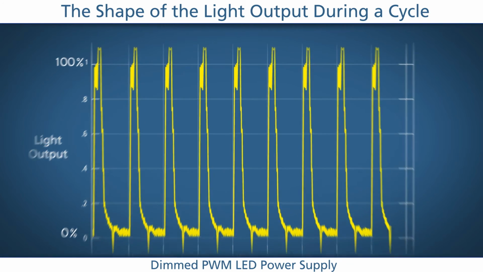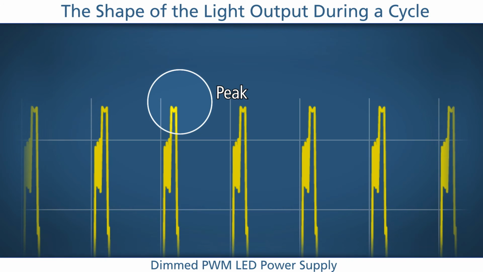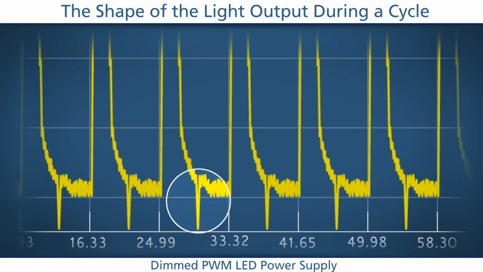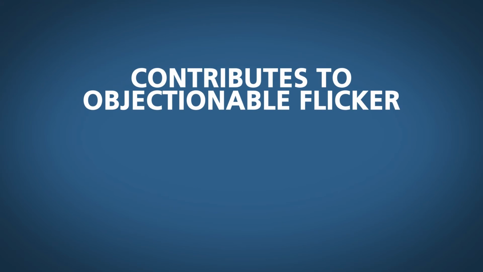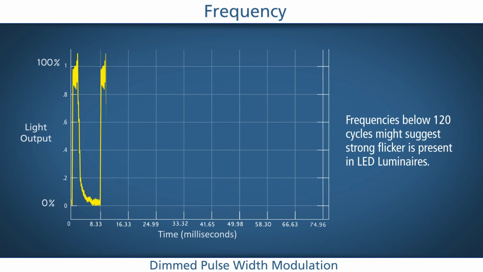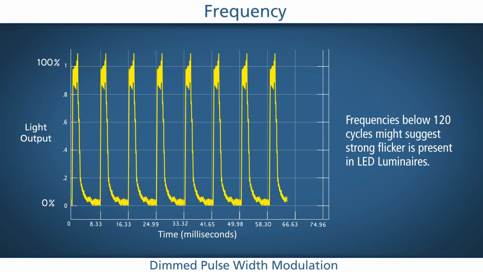If the waveform bounces off at the peak or the bottom, the bounce may be sufficient to create a strobe effect and contribute to objectionable flicker. Record the frequency of current pulses reaching the LEDs. Research has shown that pulses in the range of 120 cycles per second may be perceived as significant flicker.